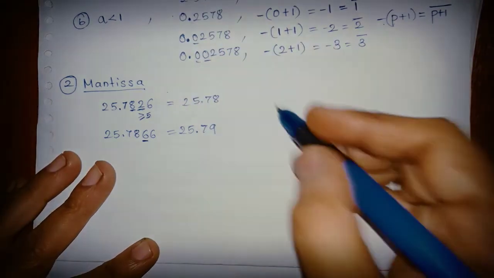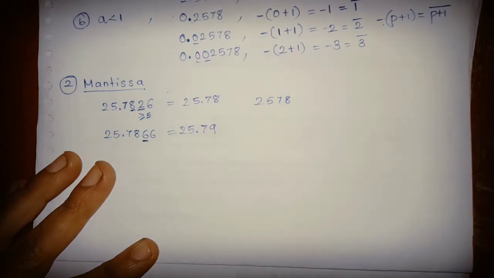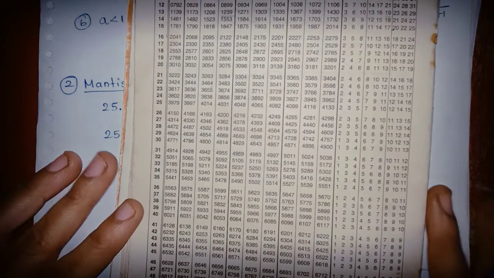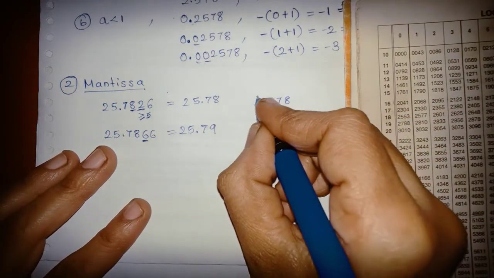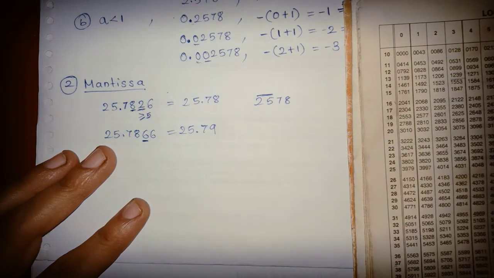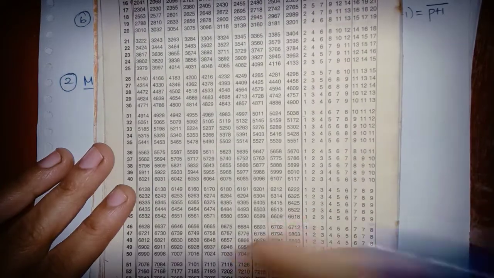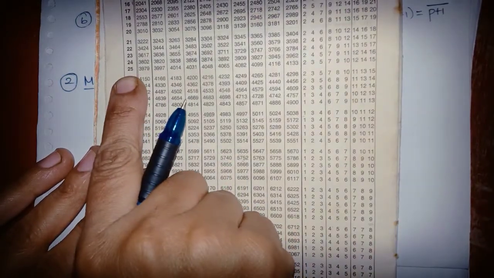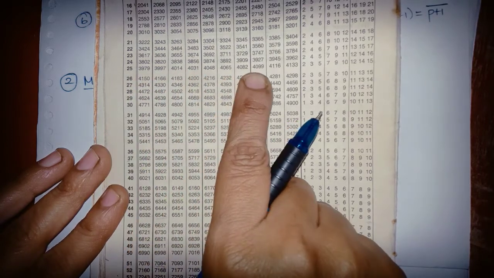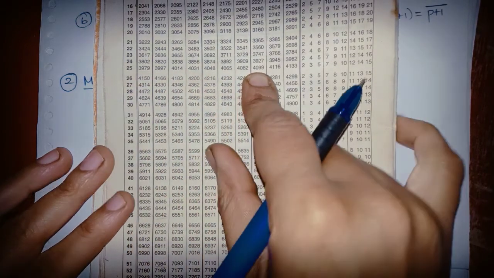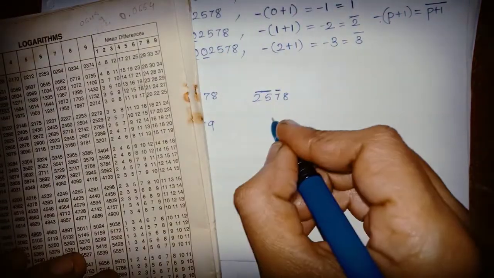Now here the number is 2578, so I have the log table. We have to see 25 under 7. So 25 we have here, 25 under 7 is 4099. Write that.